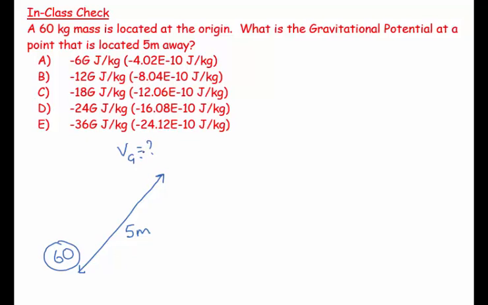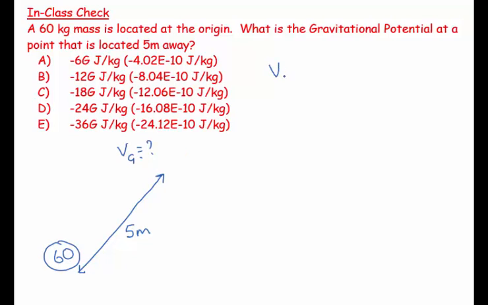Gravitational potential, like gravitational field, is about points in space. And gravitational potential energy, like gravitational force, is about masses at points in a gravitational field. So what's the relationship?